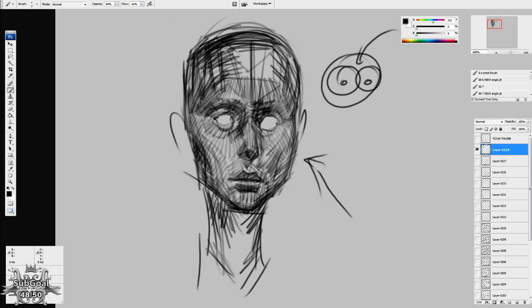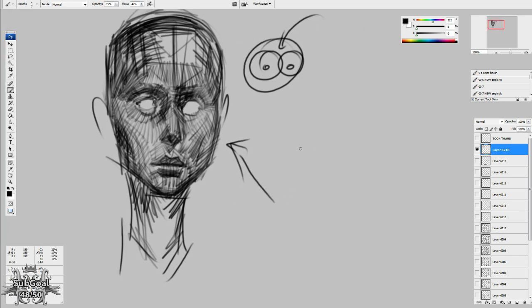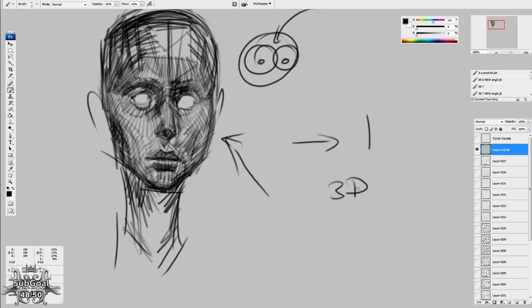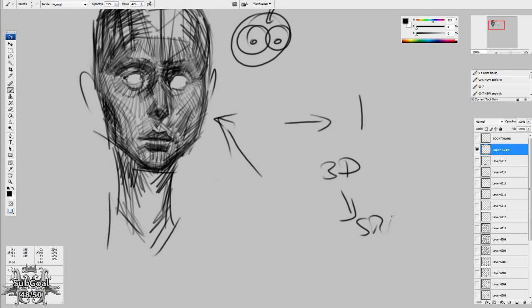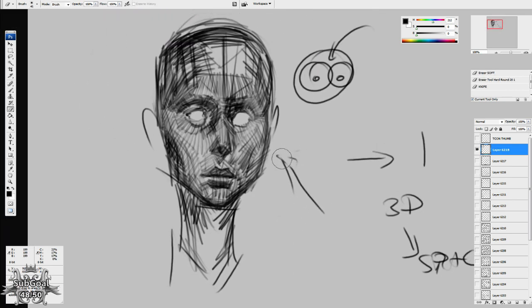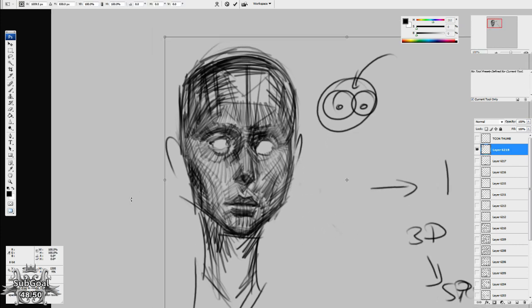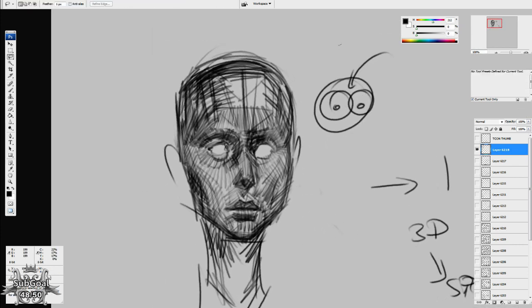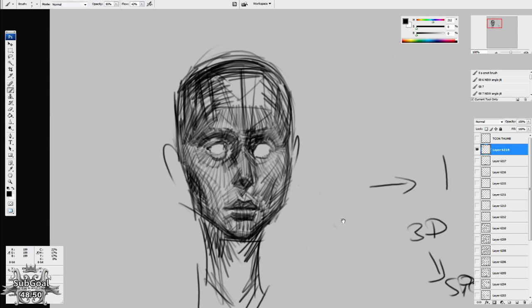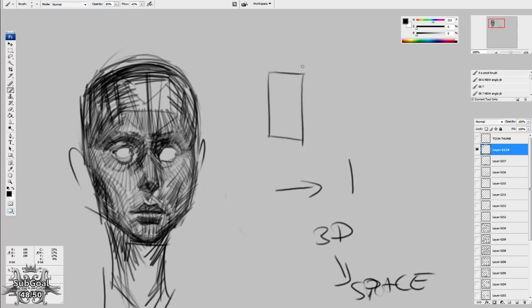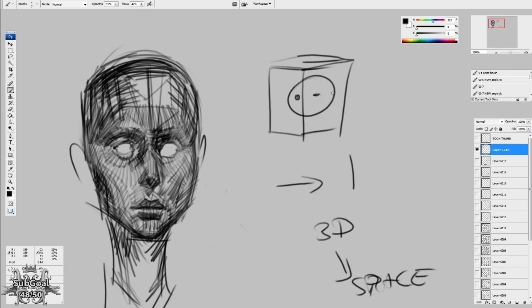What kind of type, how to manipulate 3D form, or basically the way lines manipulate 3D form in space. Oh boy, this is very sexy. So what this would mean is you have this face, and I gotta rotate this just slightly so it's more straight. Basically I have a 3D space like a cube, and my face is existing inside.